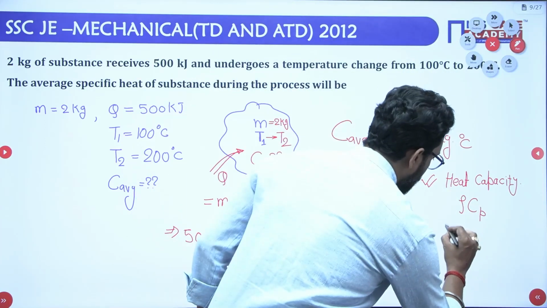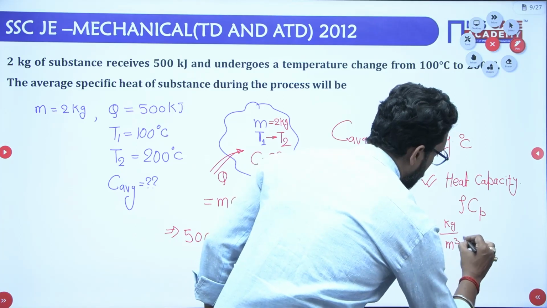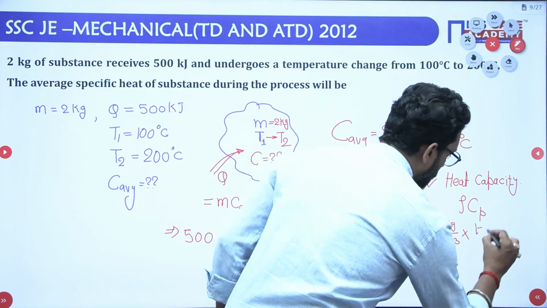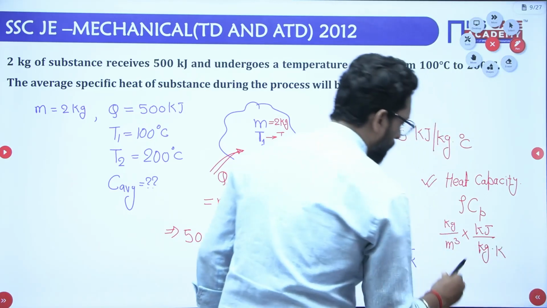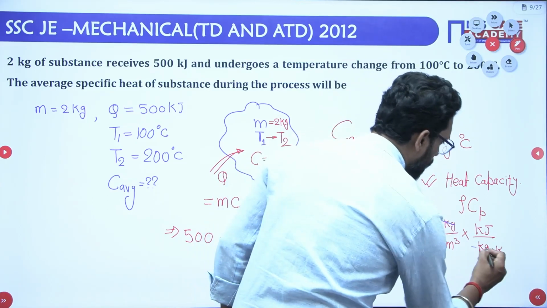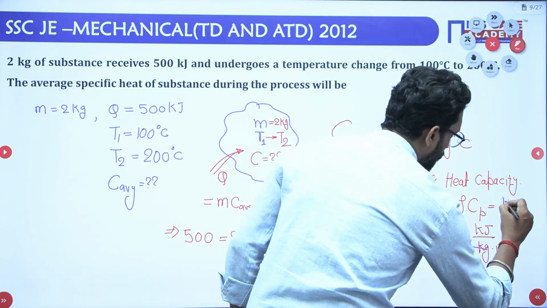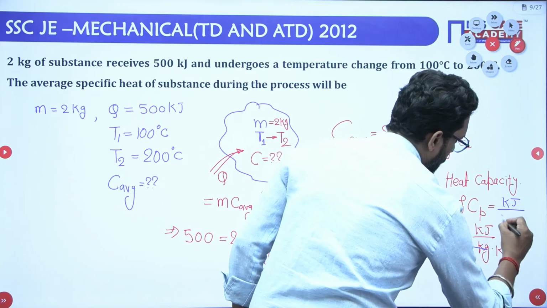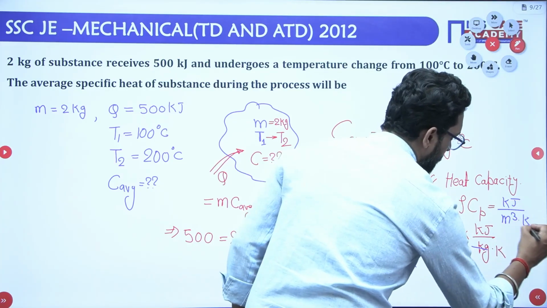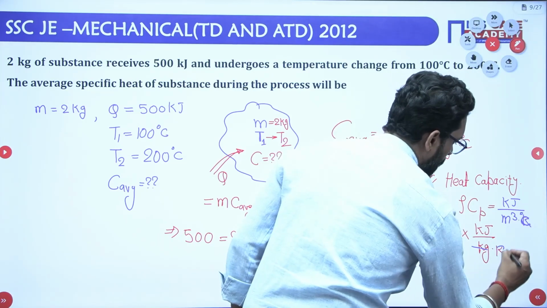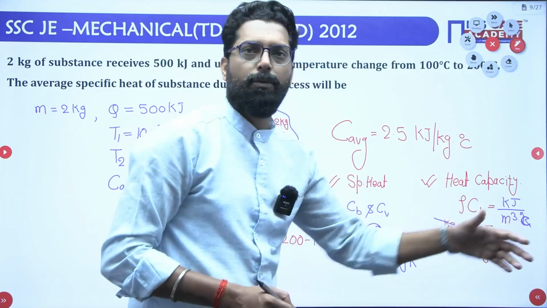Density unit is kg per meter cube. Specific heat unit is kilojoule per kg Kelvin. So the kg cancels out. So the unit of this is kilojoule per meter cube Kelvin or degree centigrade. You can write degree centigrade, no problem.